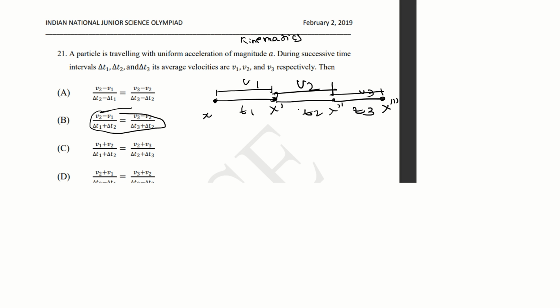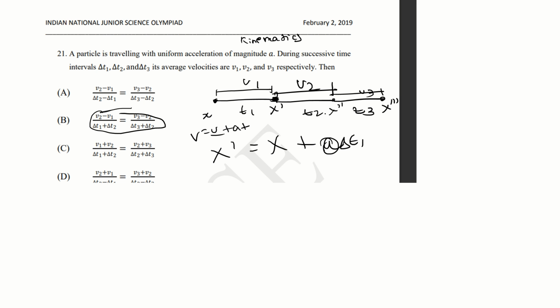Okay, now we can say from v equals u plus at, the first equation of motion, that x dash is equal to u, which is x, plus a into t, which is delta t1. Obviously a remains constant, so it will not change.